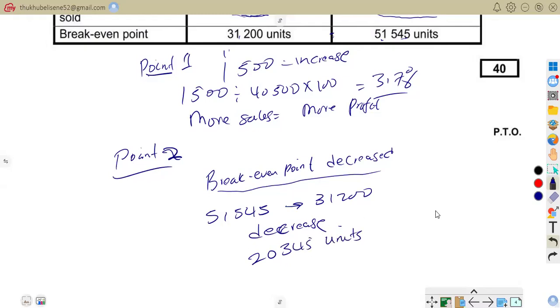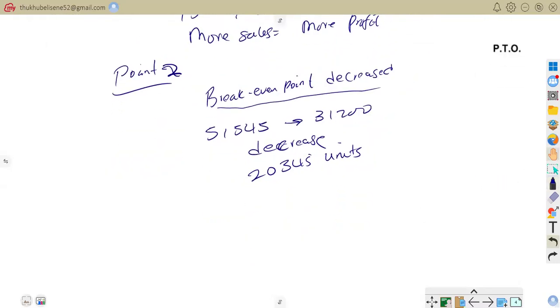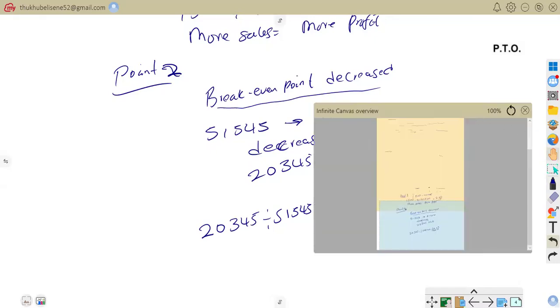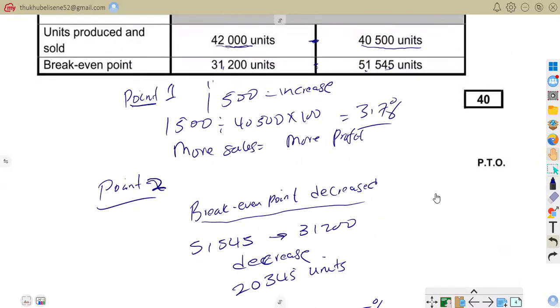In percentage, this is 39.5% decrease, because 20,345 divided by 51,545 times 100 gives us 39.5%. So these are the answers with which you can answer that question.